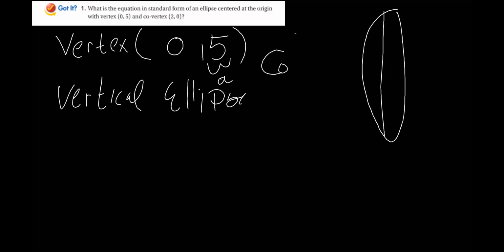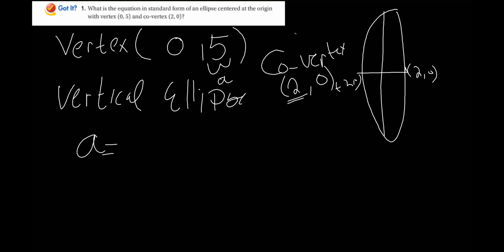And the co-vertex here is 2, 0. The co-vertex is B. And since B is on the x-axis, it will be here and here. So what is the number of A? It is 5. And the number here is 2. So I know that A is 5 and B is 2.